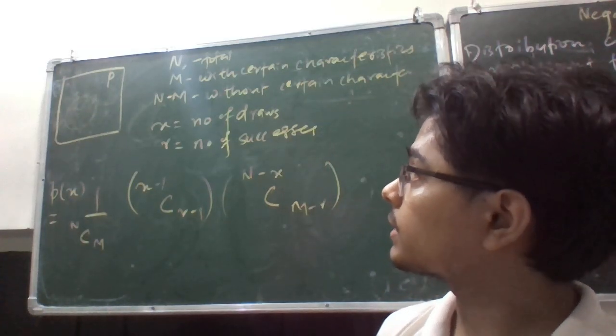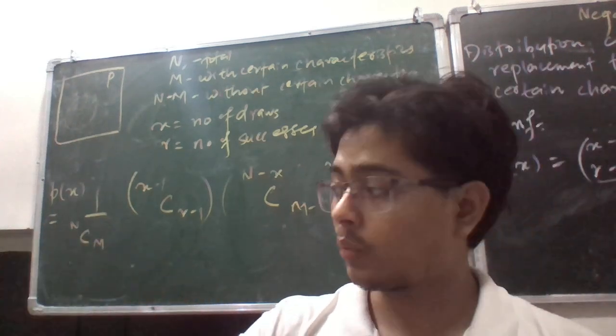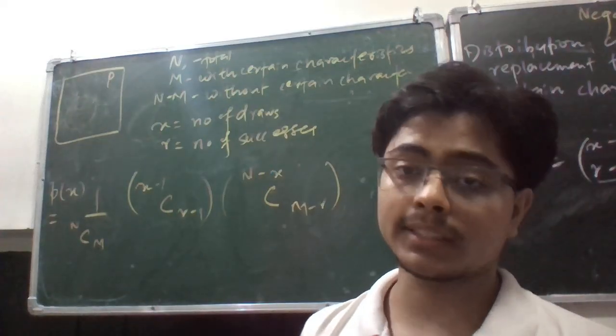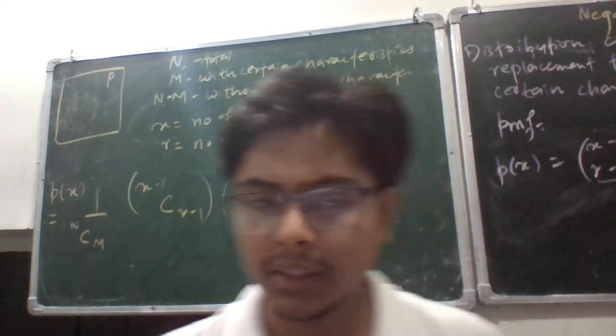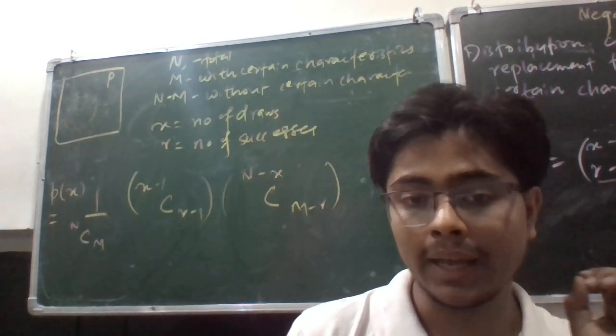When I say success, that means when we draw something out that has that certain characteristic, that event is known as success. Now let's understand what the negative hypergeometric distribution actually measures.